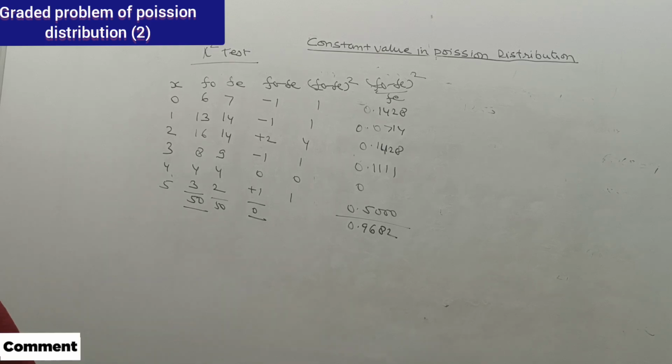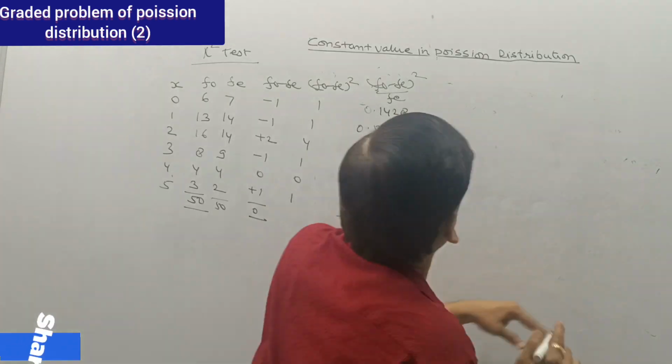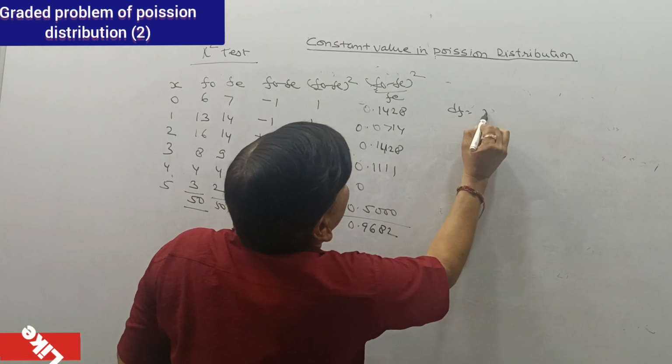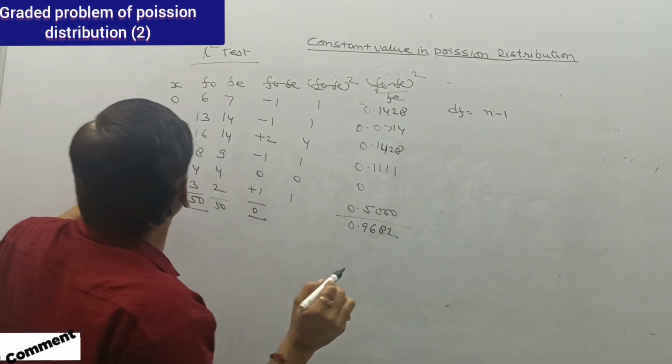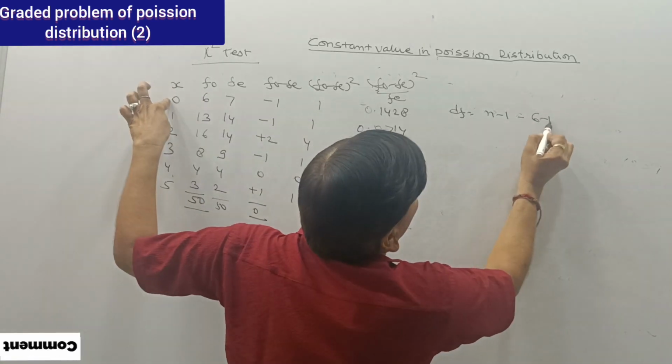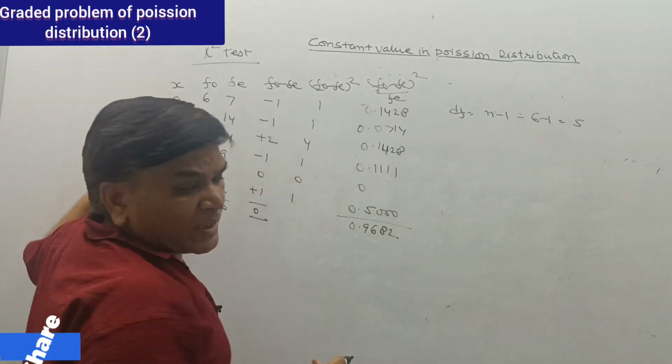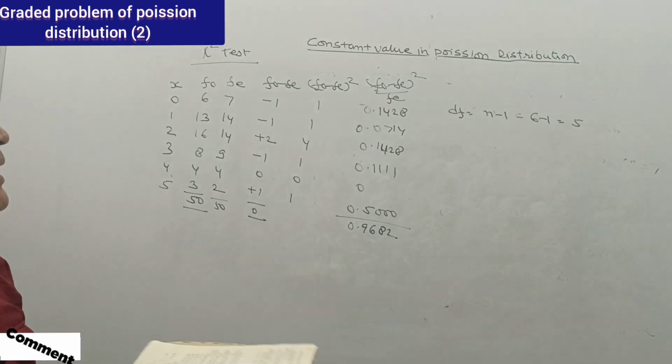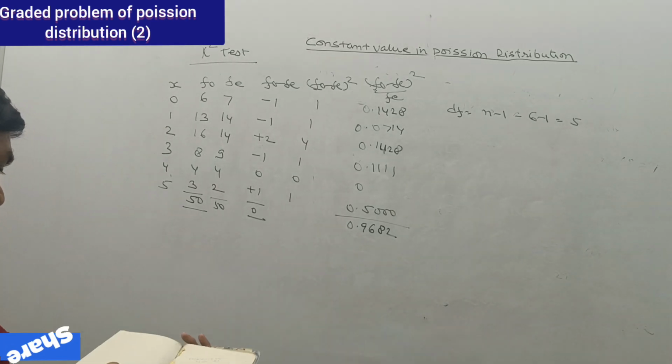Now for the chi-square test, the degree of freedom is n minus 1. So 1, 2, 3, 4, 5, 6, that is 6 minus 1, which is 5. For the table value we have to look at the chi-square table.